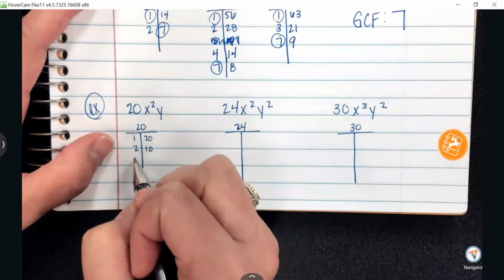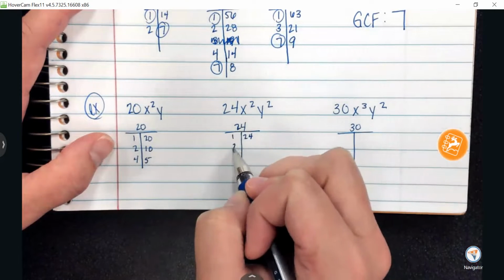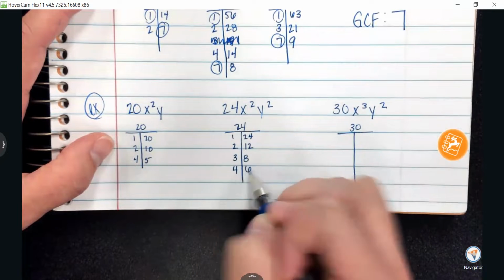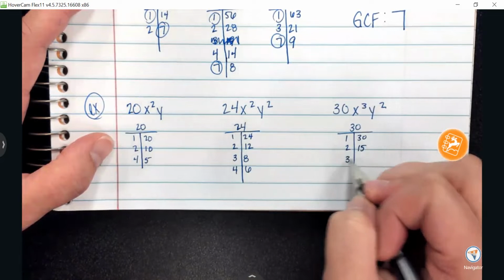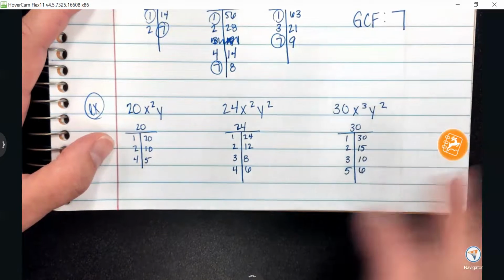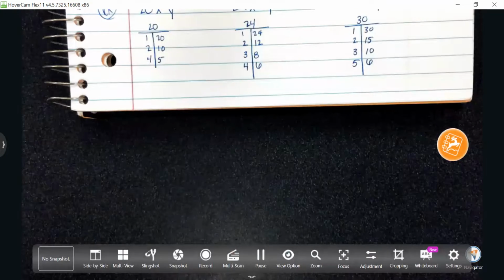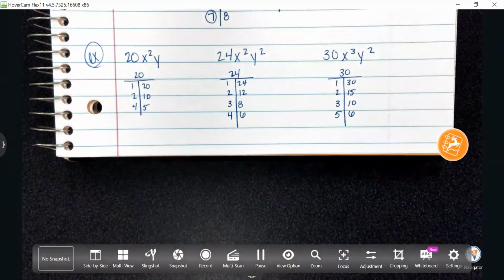Don't just copy mine. That's not learning how to do it. If you don't understand, then ask. We can come help you make your charts.